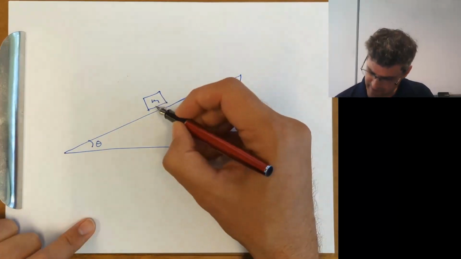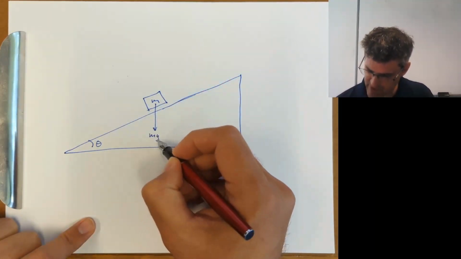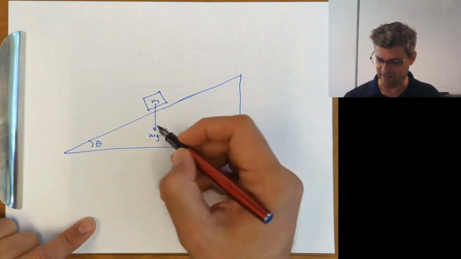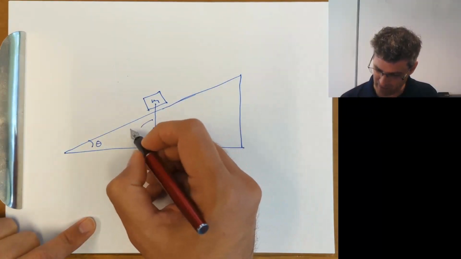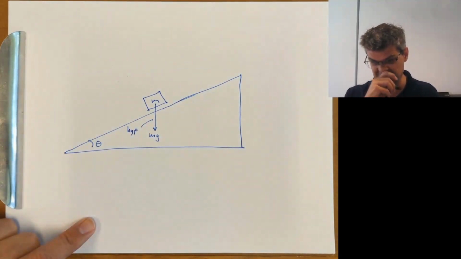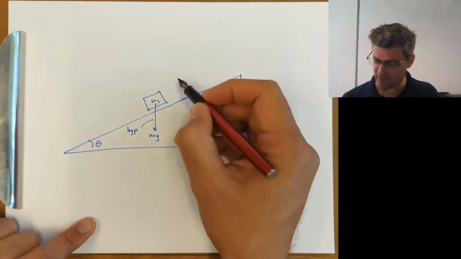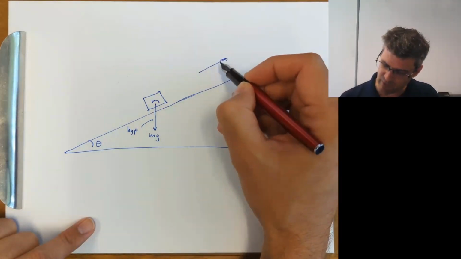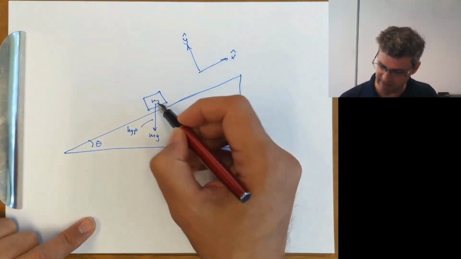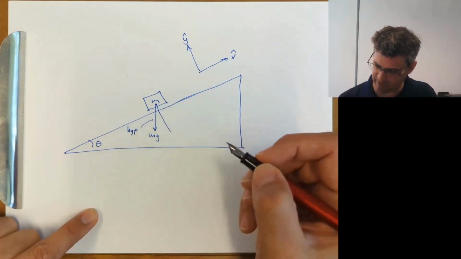And we're trying to figure out, given this mass, mg, I need to come up with a right triangle. Mg is always going to be the hypotenuse of this right triangle. So what other triangle are we trying to make? The way we create this rotated coordinate system is we have to draw lines along the coordinate directions.